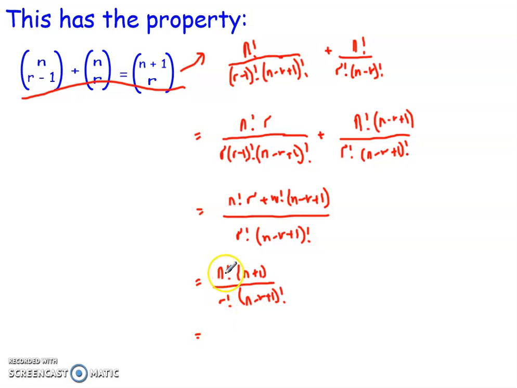So that top line is now the equivalent of (n plus 1) factorial, and it's then (n plus 1) factorial over r factorial, bracket (n plus 1) minus r factorial. Simplify this, which is then the equivalent of (n plus 1)Cr.